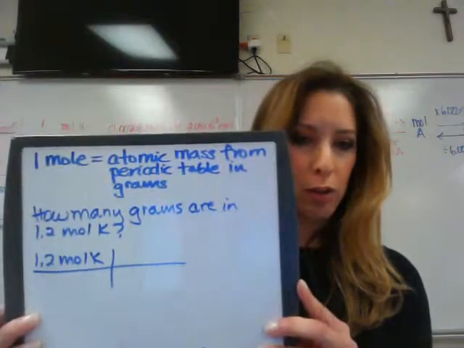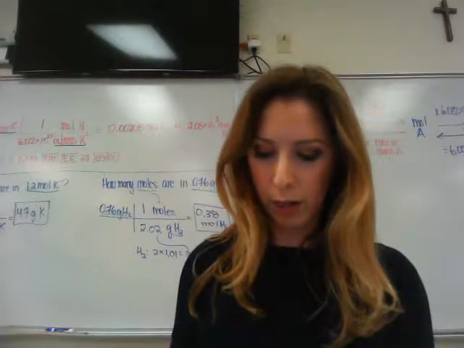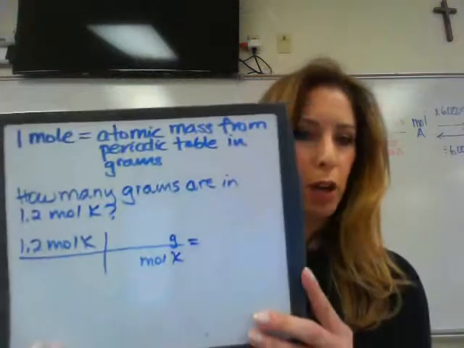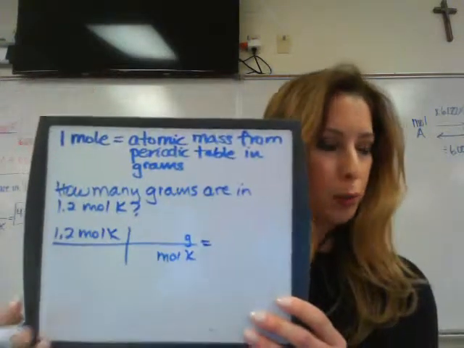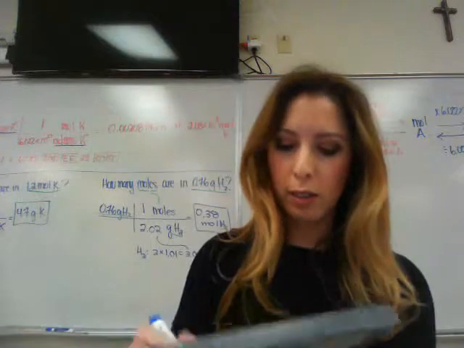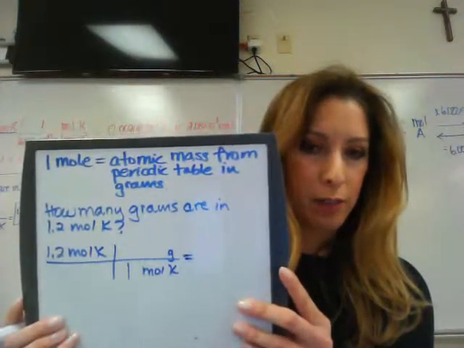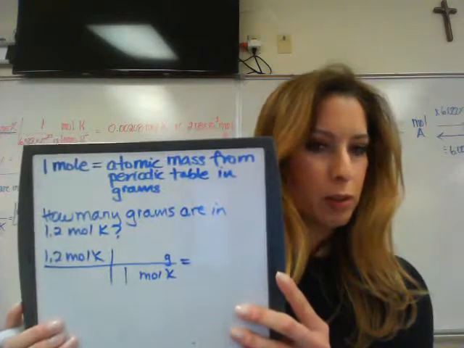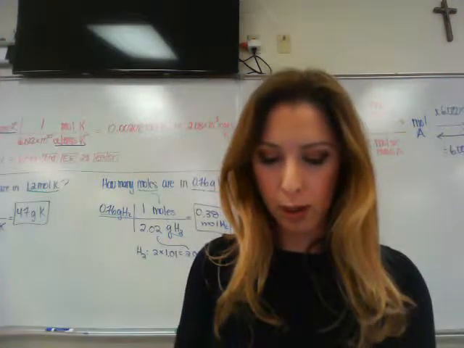Moles of potassium will go on the diagonal. Grams is going to go up on top because that's what I'm solving for. The number 1 gets written next to moles, so I put the number 1 on bottom next to moles of potassium. The molar mass for potassium on the periodic table is 39.10 grams.